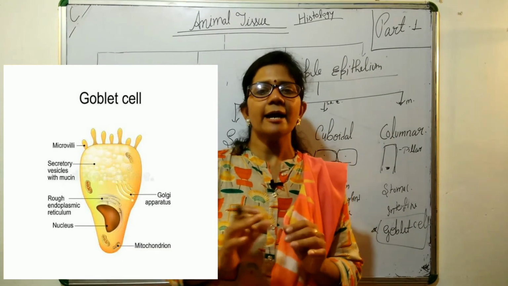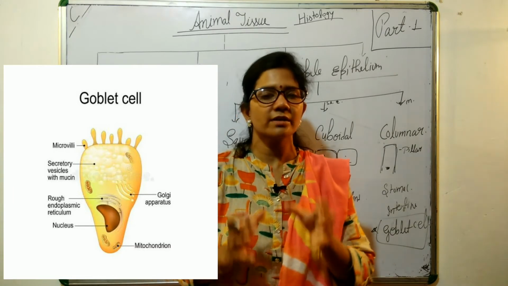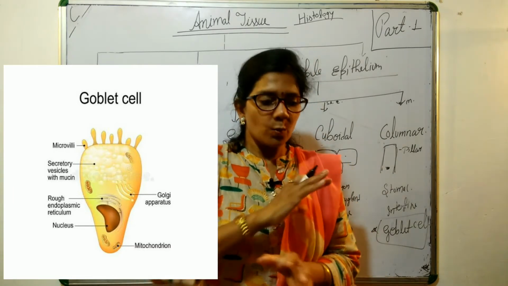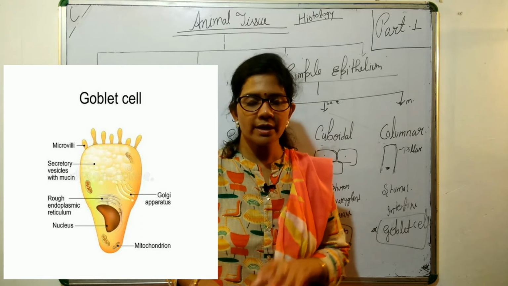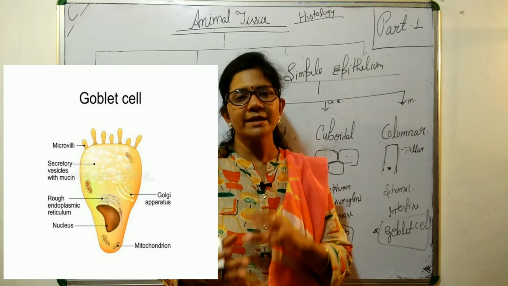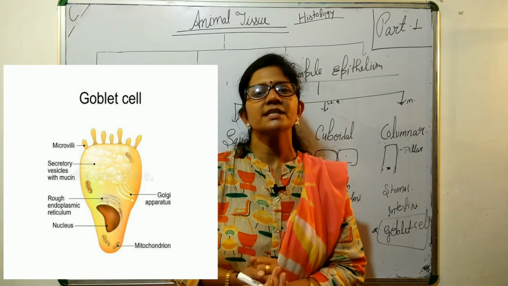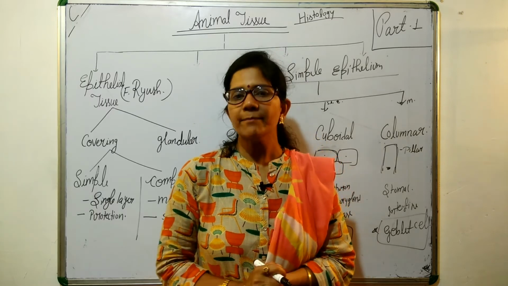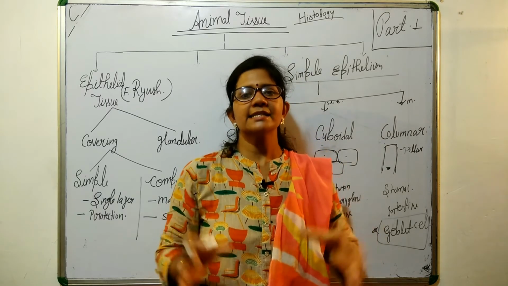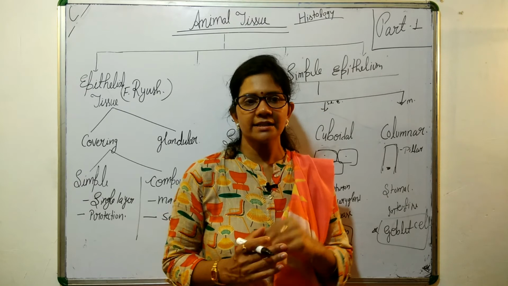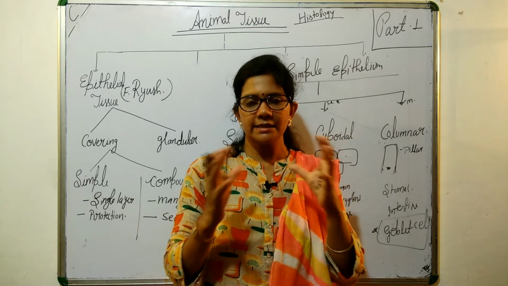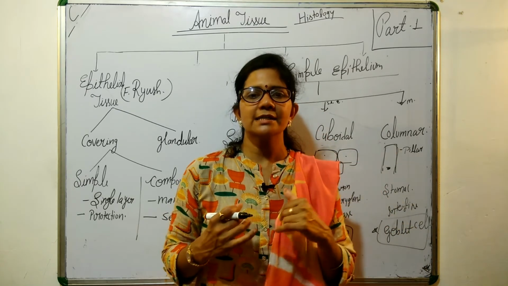These are epithelial cells which are scattered, and they help in releasing mucus. They are mucus-secreting cells. It is a type of epithelial tissue, and they are scattered in the respiratory tract and in the esophagus lining.